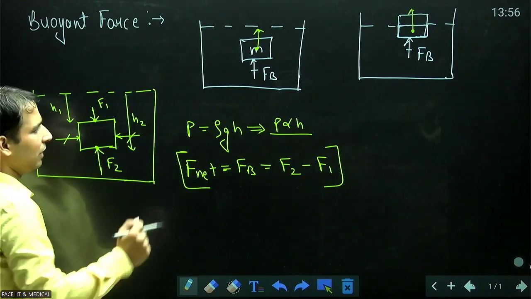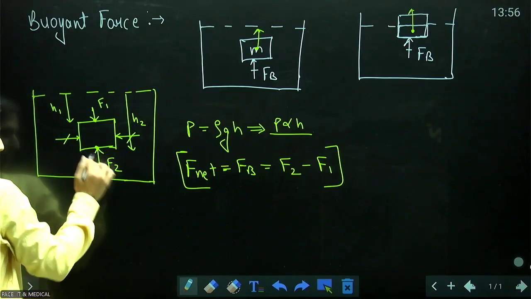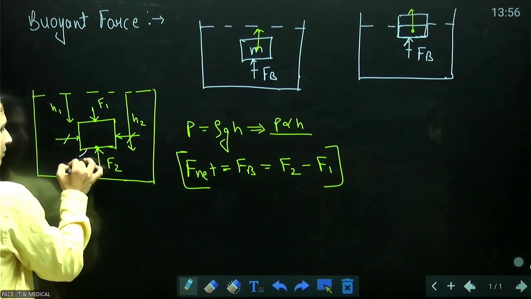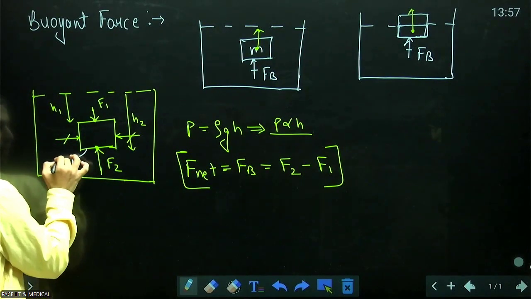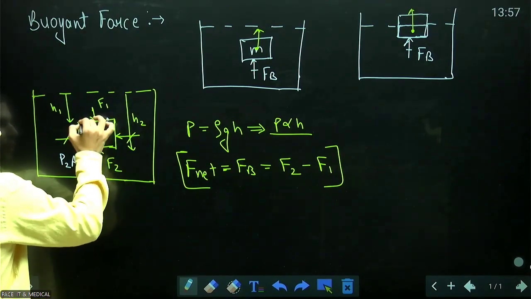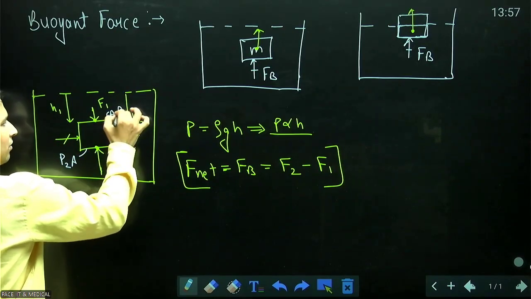We can quickly write its value also. Let's say the area of this base is A, and the pressure here is P2. The area of this also is A and the pressure is P1.